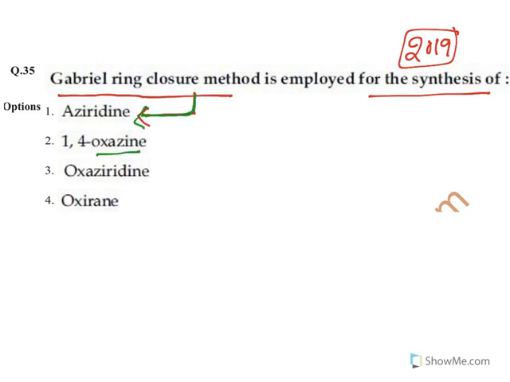See, oxazine. Azine means 6-membered nitrogen rings. 1,4-oxazine means this one. You need to understand these things too. Azole means 5-membered nitrogen containing heterocyclic rings. Azine is 6-membered, azepine 7-membered, aziridine 3-membered. So this is oxazine.